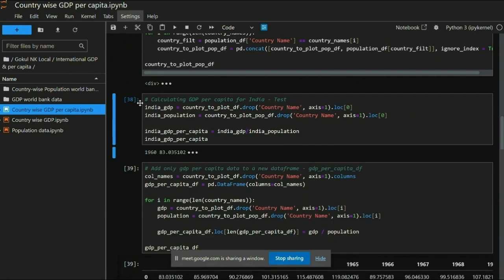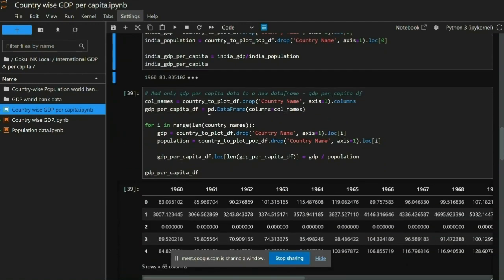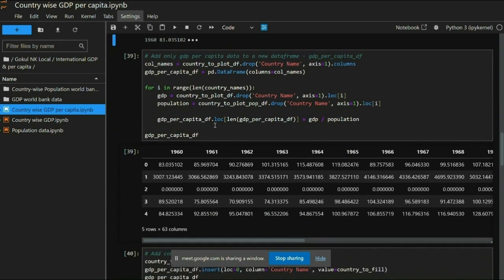Here we are calculating it by dividing each country's GDP by its population for each year. Then we are adding the GDP per capita into a new data frame for the above mentioned countries.